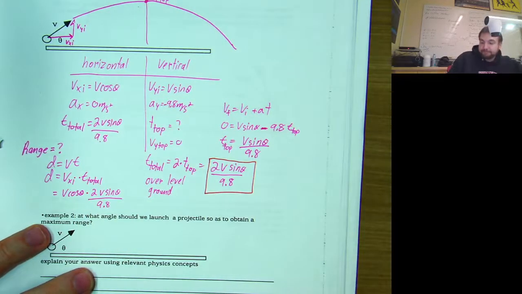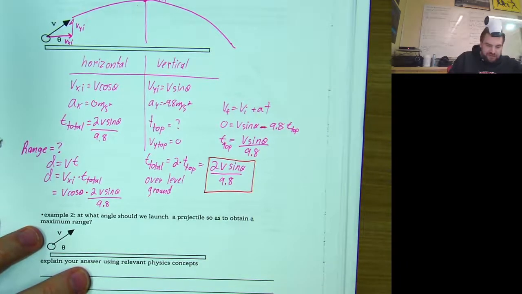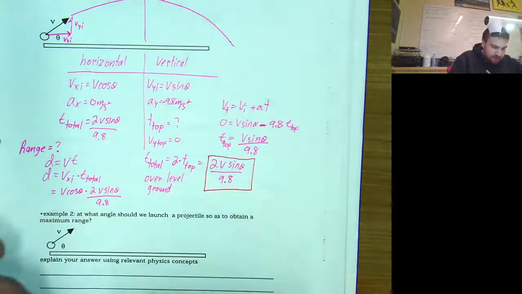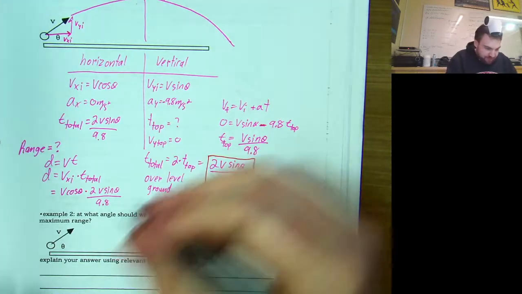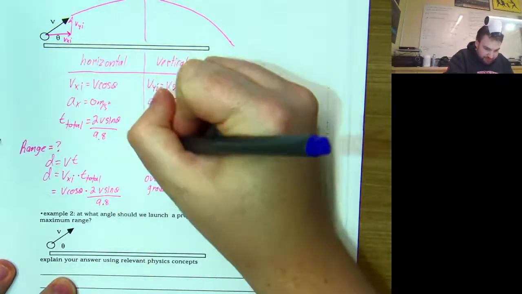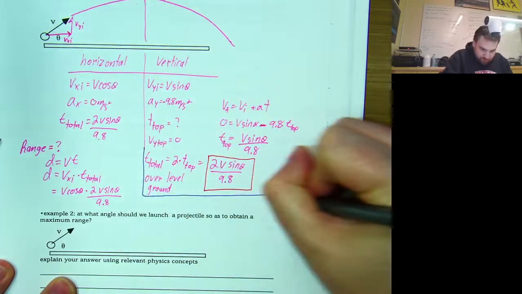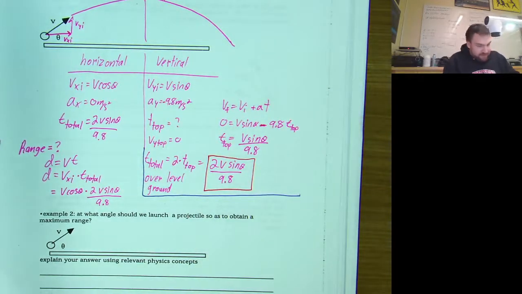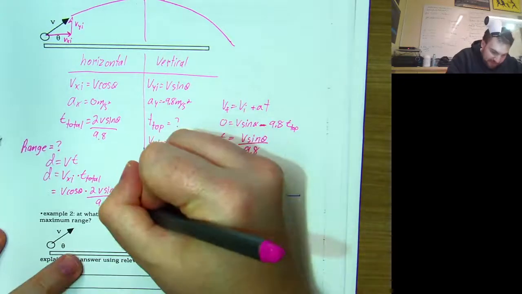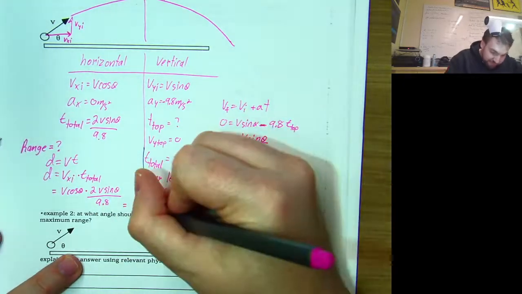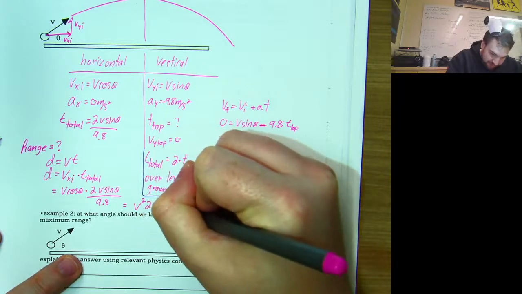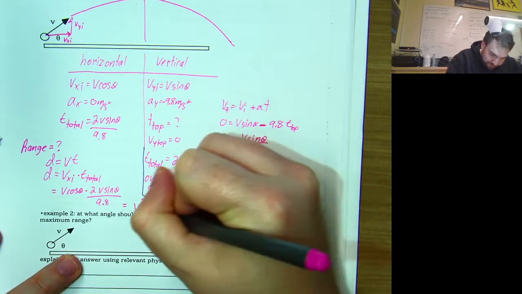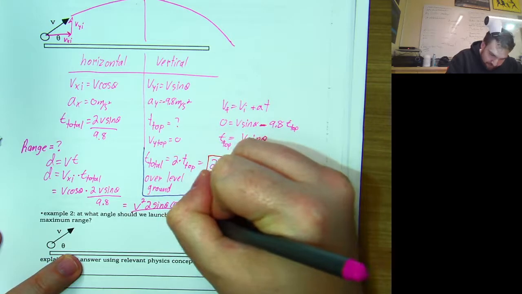Now we can do some rearranging here. I'm just going to put a little box here, just to break those off. So we're going to get v squared times 2 sine theta cos theta over 9.8.